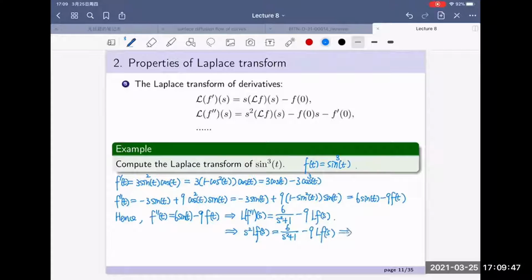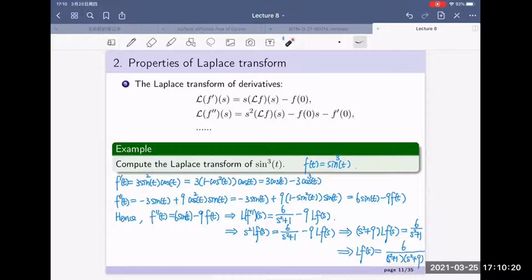You get s squared plus 9 on the left side times this. Then you divide both sides by the coefficient of the Laplace transform of f, and you get your final answer. So this is your final result.